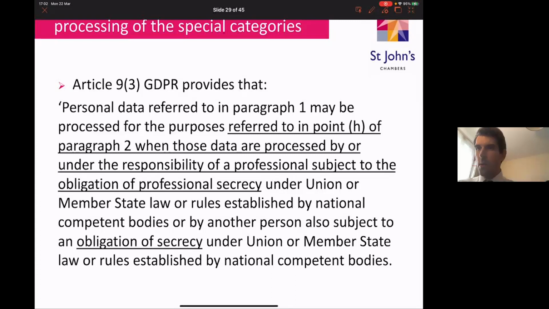So that it seems to me plainly encompasses an exception to the duty of patient confidentiality, which your controllers in the medical context, health boards and trusts, will have with their patients.